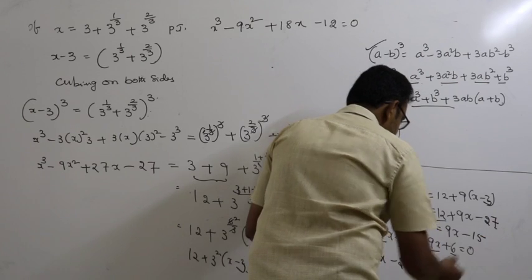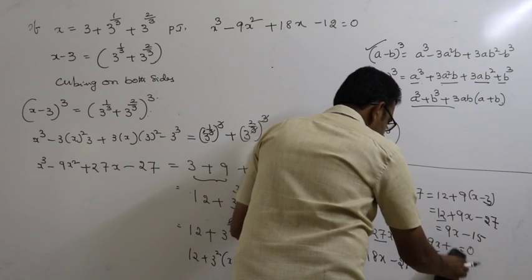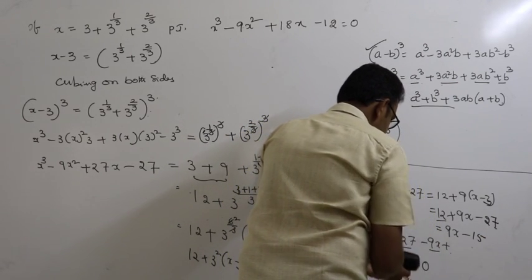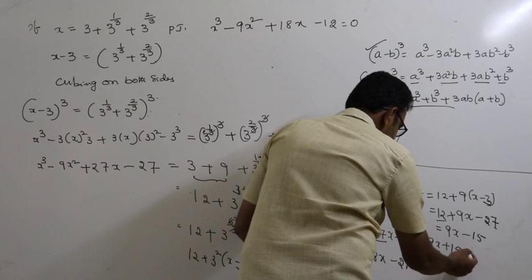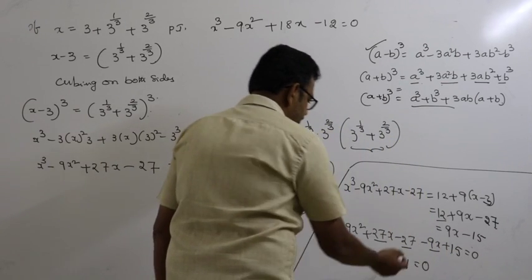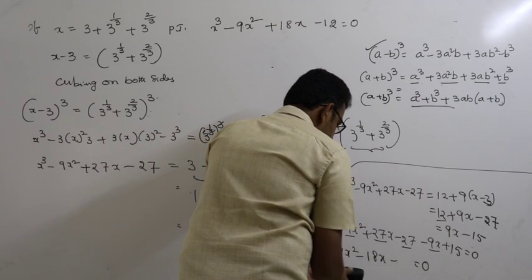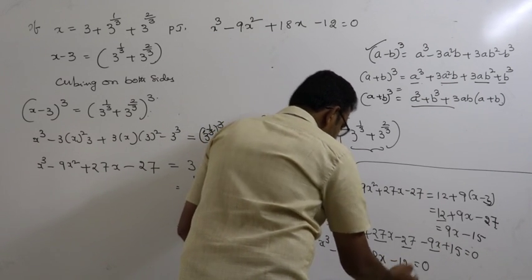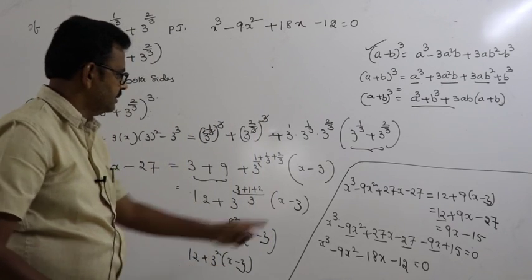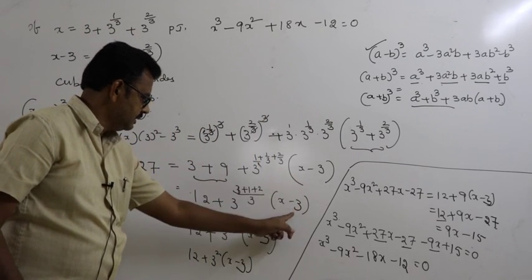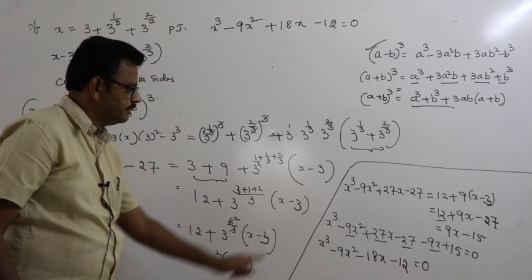Take this side, this is plus 15 equal to 0. Now minus 27 plus 15, that is minus 12. So a small mistake: it is x minus 3 everywhere.